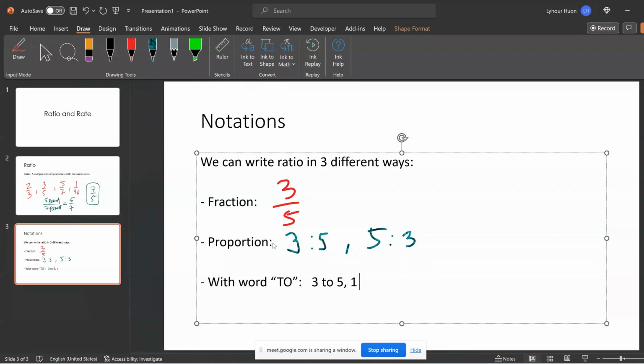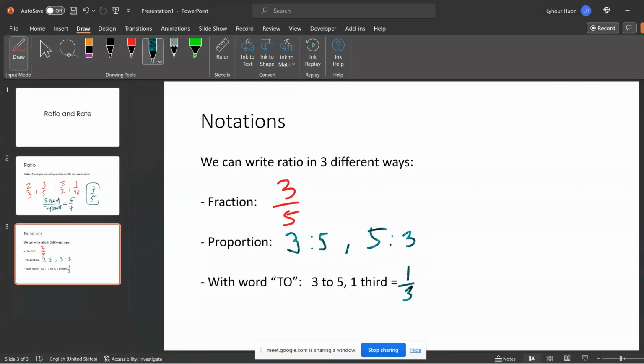1/3 is a ratio. What is 1/3 equal to? 1/3 is equal to 0.33 as a decimal, but it's 1/3. We can write it as a word, or we can write 1:3. This is all the ratio, or 1/3.